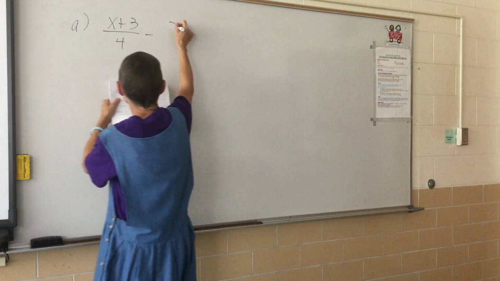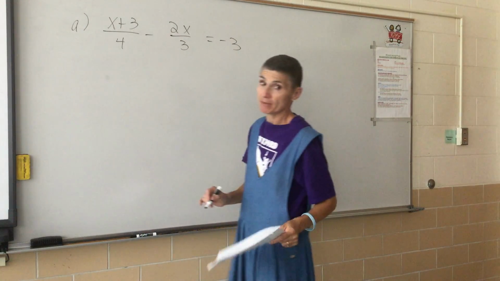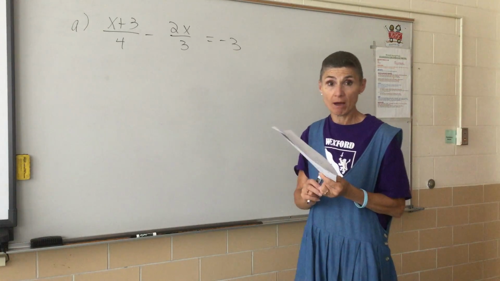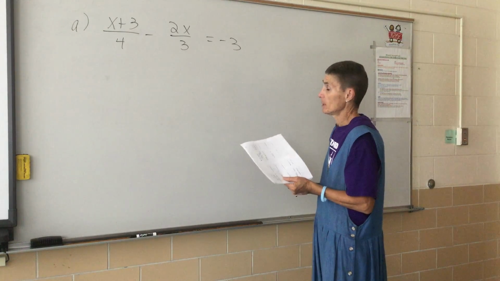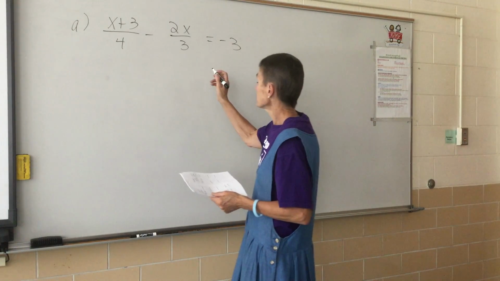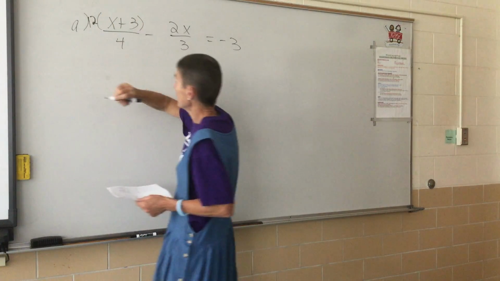When I do a problem like this, I have found that the easiest thing to do is to multiply through by the common denominator. So you're going to multiply everything by your common denominator, which is 4 times 3 or 12. So I'm not going to be lazy.